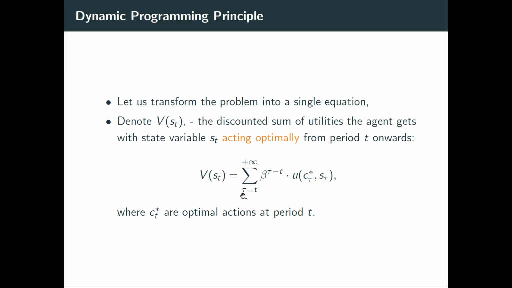We assume that if you choose them optimally, this gives you exactly this value of ST. So it's not just some stream of consumption; it's an optimal stream of consumption that gives you the value function.